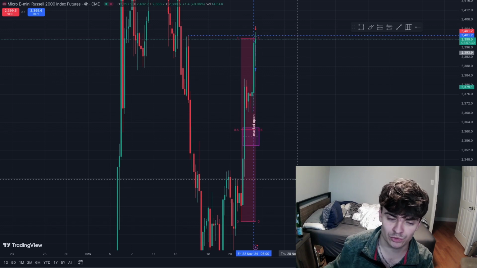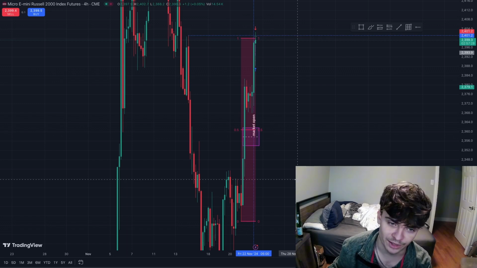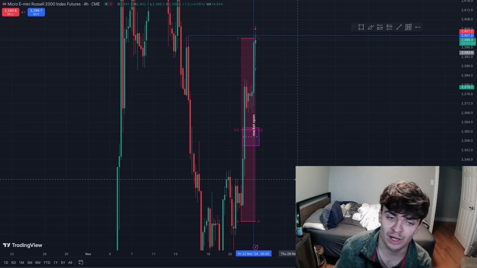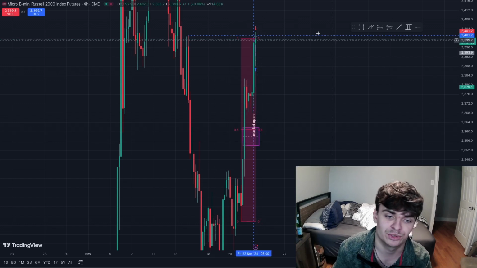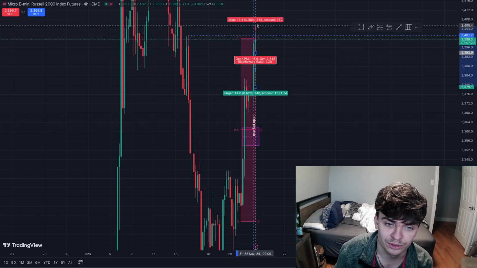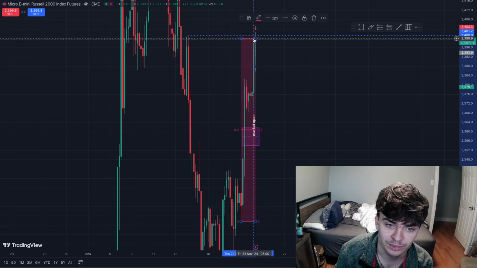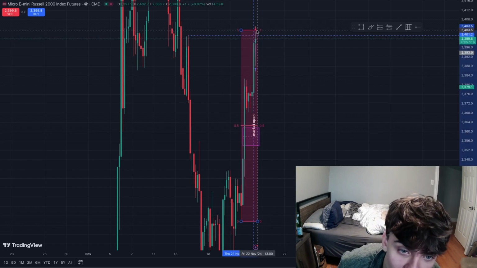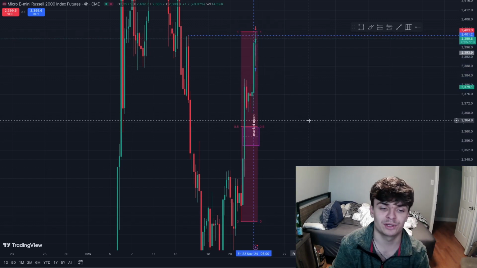We did not get that retracement. We probably eventually will, but at the moment we have not. We have not even formed the initial high yet for this whole leg up. We're still going. Literally, the high could be right here.